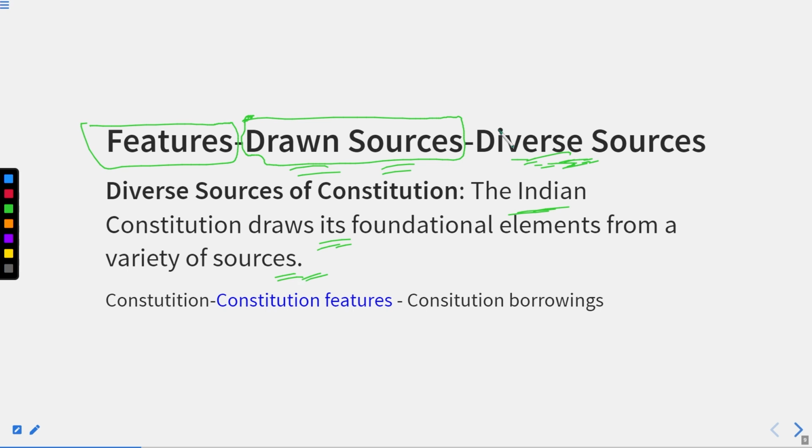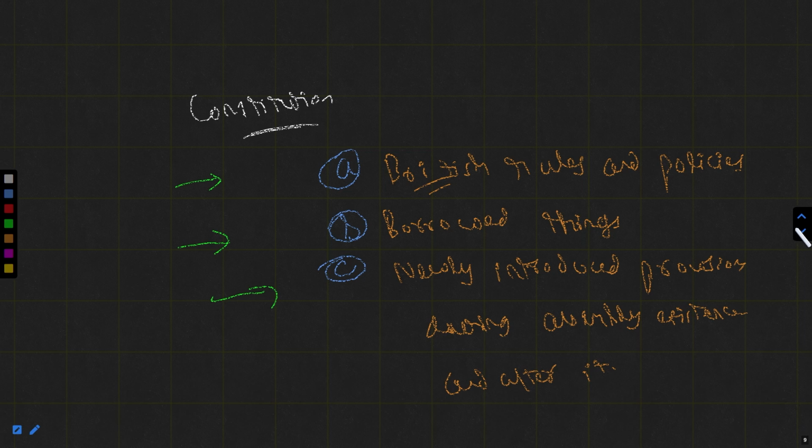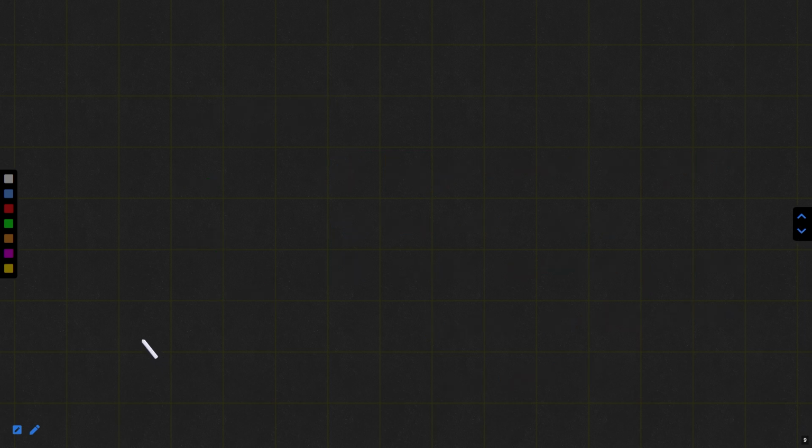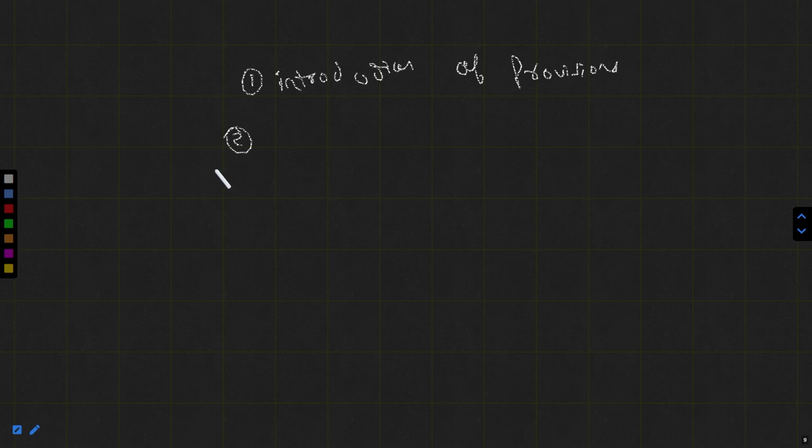If there are diverse sources, it means there are so many things from where we are borrowing. So what was the criteria to accept it? The criteria was very similar to the criteria we have today. First, introduction of provisions. Second is discussion on them.